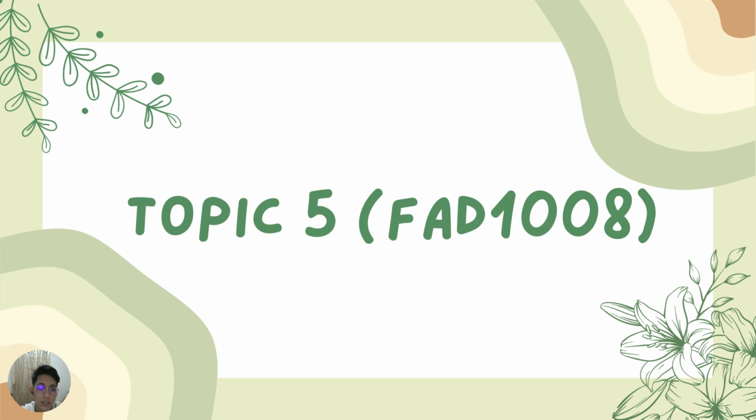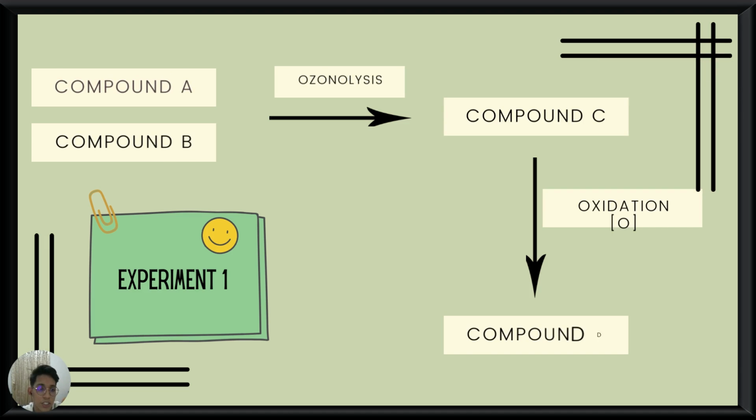First and foremost, we know from the question given that compound A and compound B are hydrocarbons and they are isomers. They undergo a reaction, ozonolysis, that produces a single organic product, compound C. Compound C undergoes an oxidation reaction that produces compound D, which is a carboxylic acid.